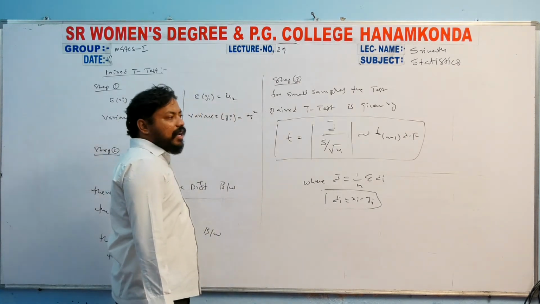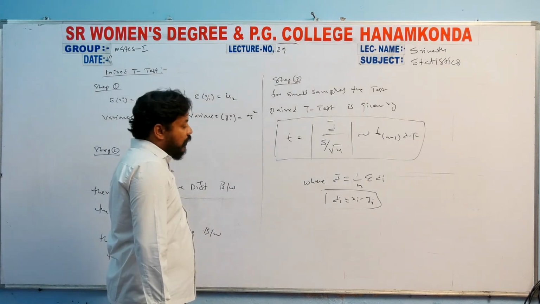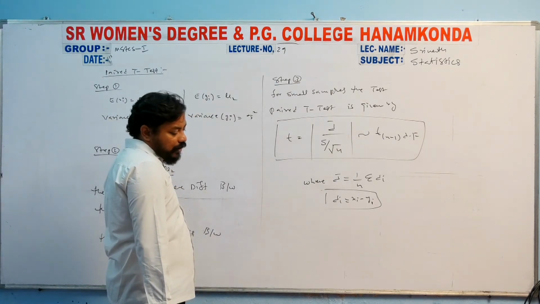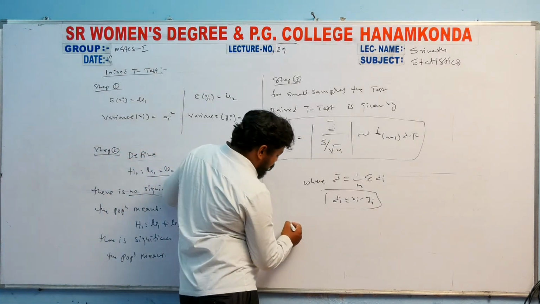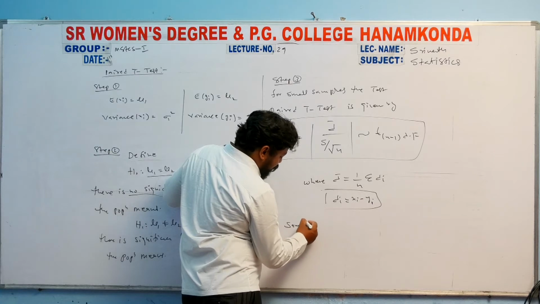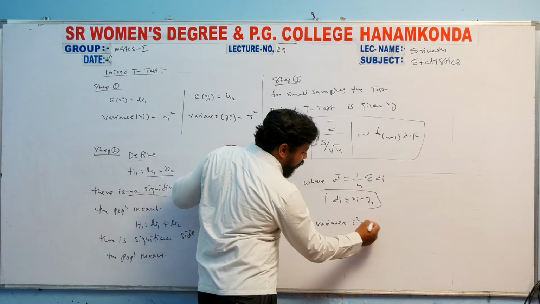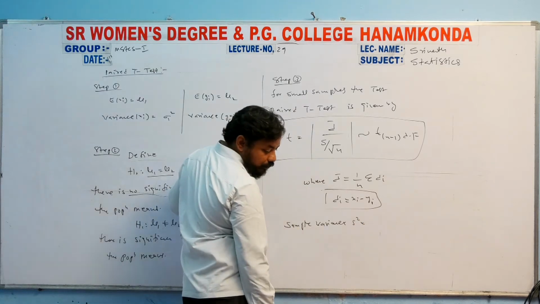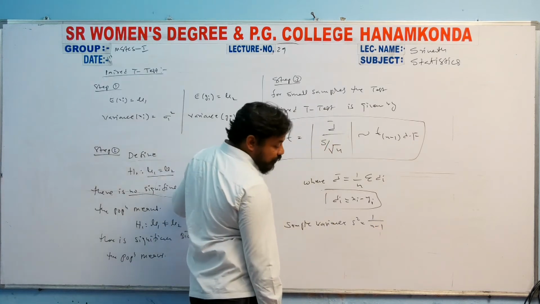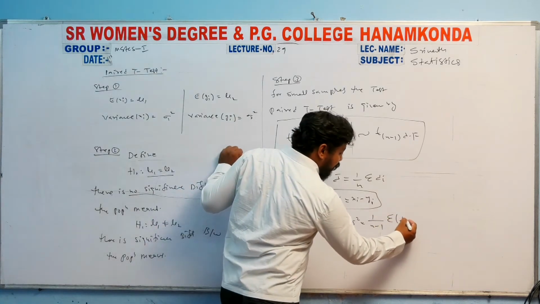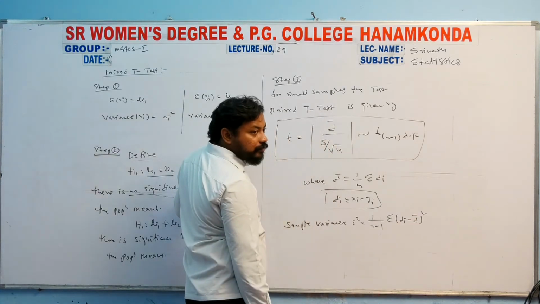Di is the difference between the first data and second data, and also the sample variance s square is equal to 1 by n minus 1 summation of di minus d bar whole square.